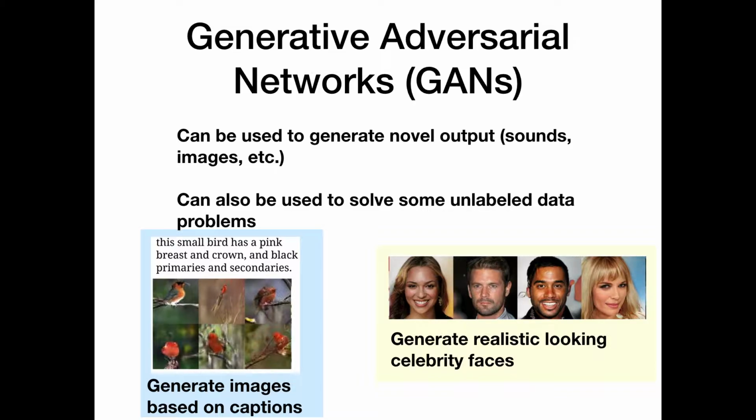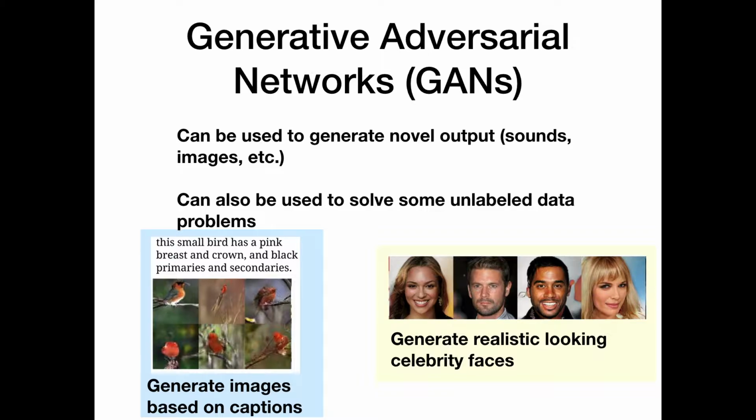The Secret Service is like, I see this green $100 bill, I'm not sure whether that's real or not. I see this scribble, I'm not sure whether that's real or not. But as it gets better, the generator is going to have to get better. And as the generator gets better, the adversary is going to have to get better. So you have this arms race where they are training each other to be better and better.